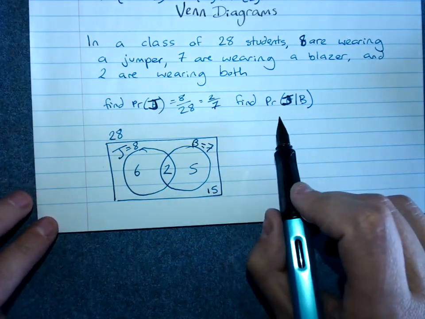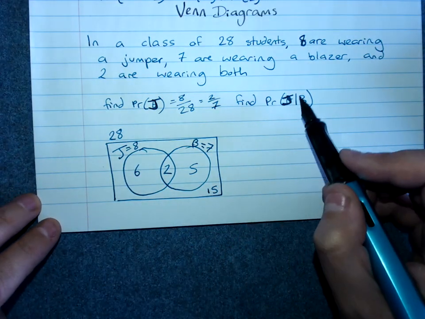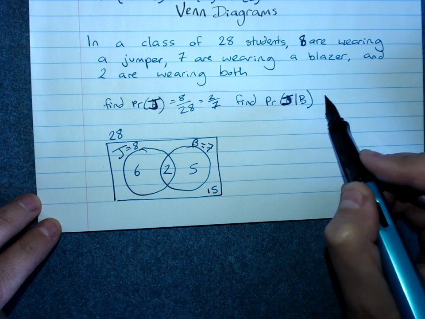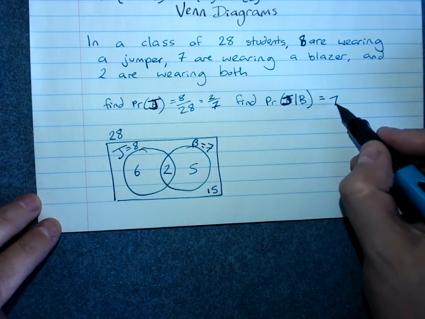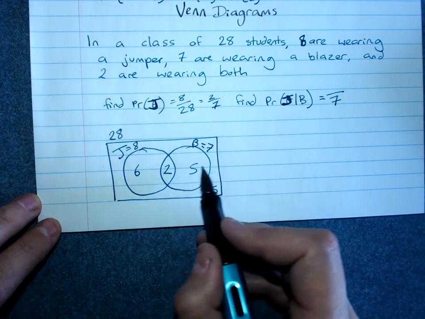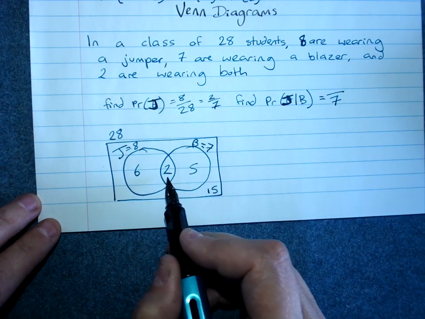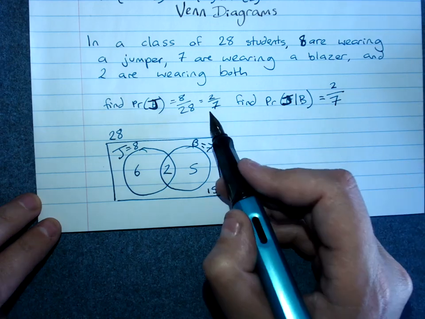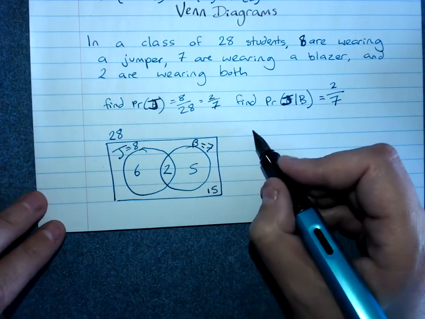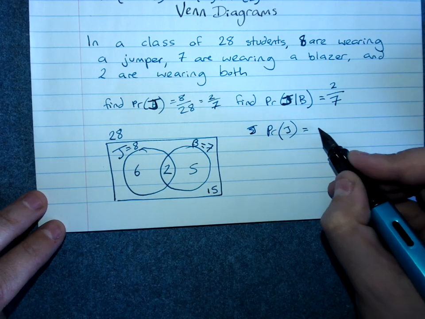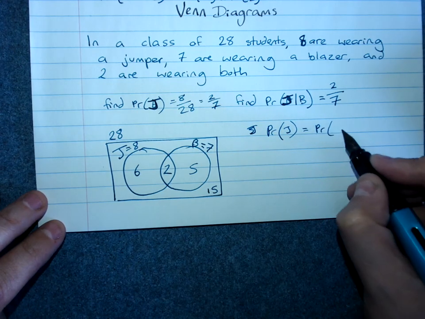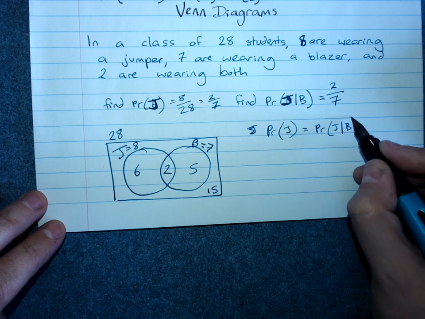The probability of wearing a jumper given that you're wearing a blazer means we're only taking it out of the blazer group, so it's out of 7. And how many people out of this group are also wearing a jumper? 2. Because those are the same, the probability of wearing a jumper is the same as the probability of wearing a jumper if we're wearing a blazer.